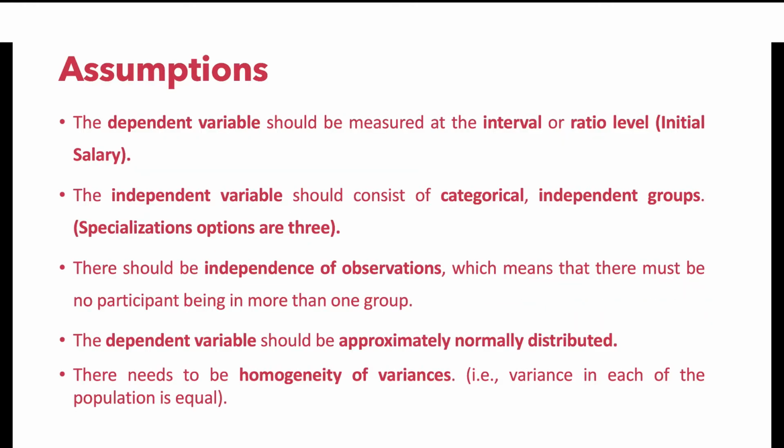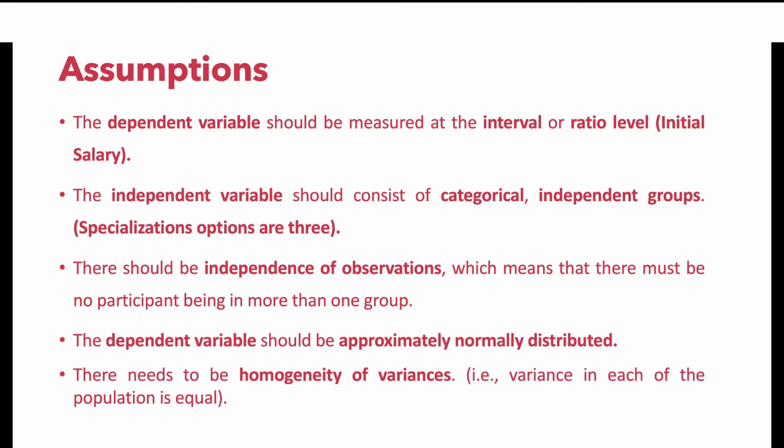In order to apply one-way ANOVA, there are certain assumptions or conditions that need to be met. First, the dependent variable should be measured at interval or ratio level. In our case, it is the initial salary of the student. Then the independent variable should consist of categorical independent groups.